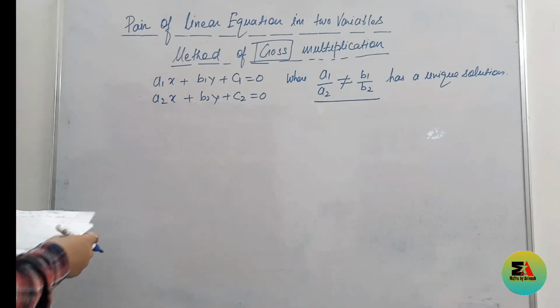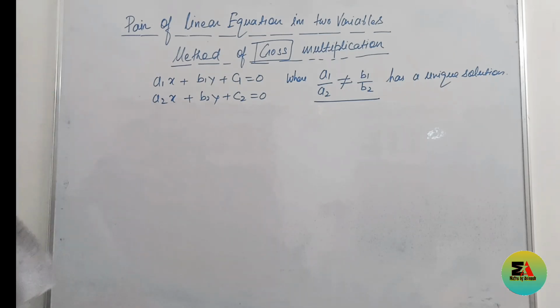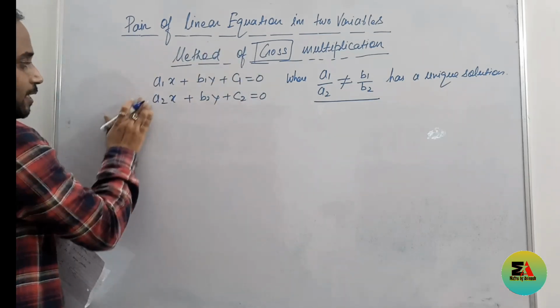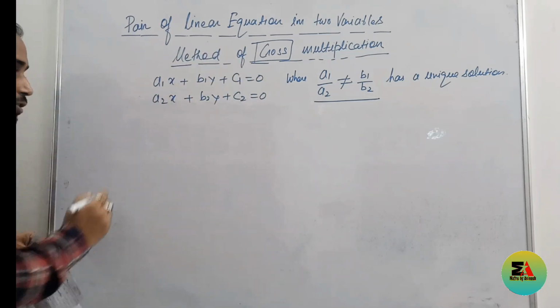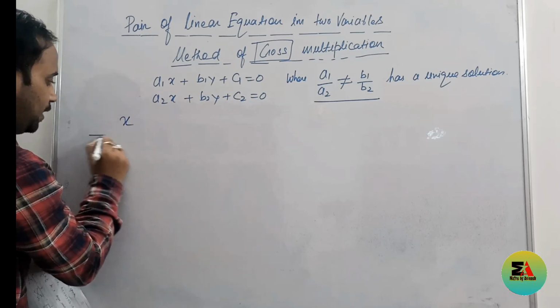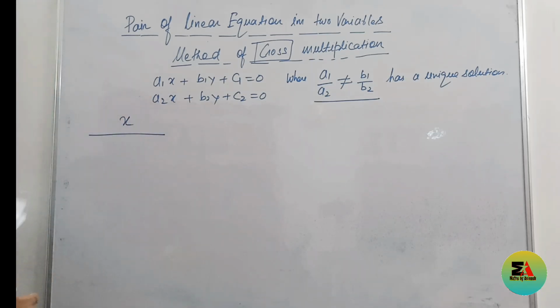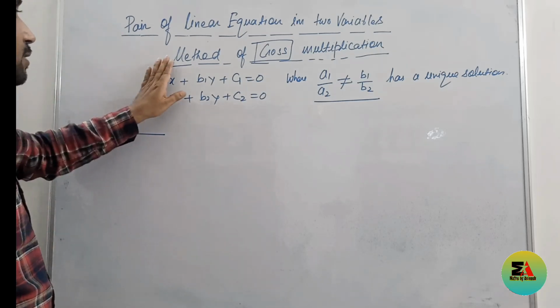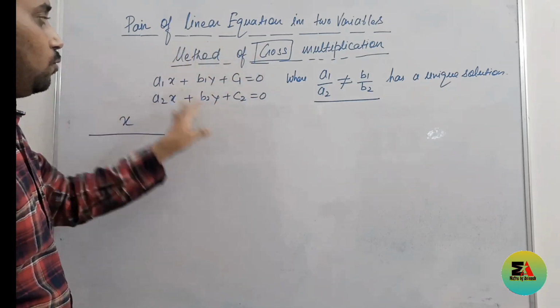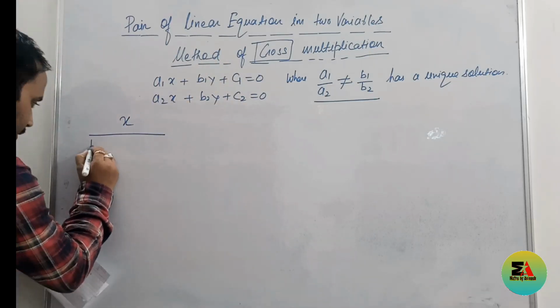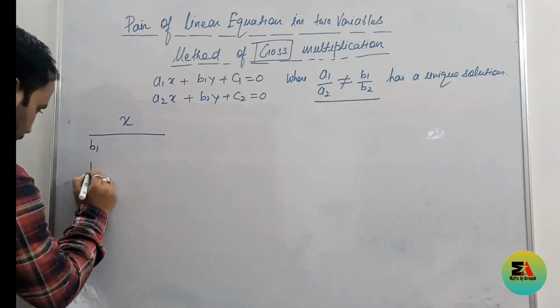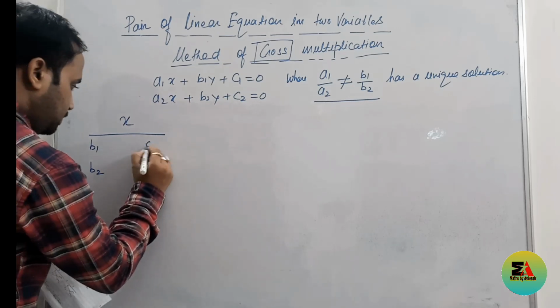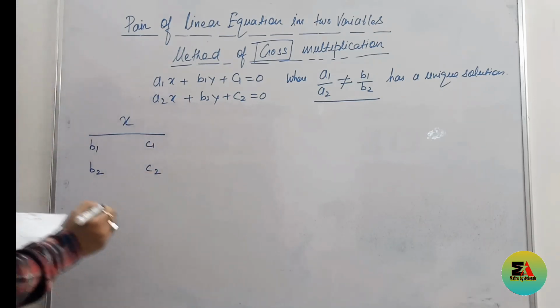Unique solution means the equations provide a solution. Okay, now see how we write this. Now we have to demonstrate some work. Suppose first we have to calculate the value of x, then how do we write the equations? We take b1, b2, c1, c2.